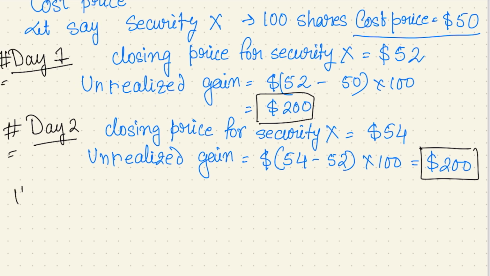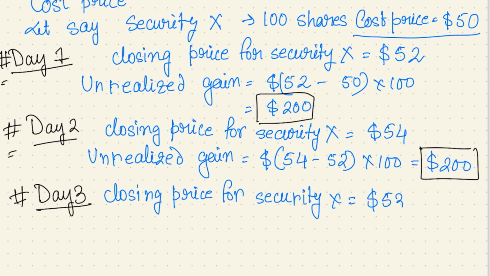Next, let's take day 3. Let's assume on day 3 I have a drop in the price, because not every day the price will be going high, right? X is 53. In that case, what will be the unrealized loss?